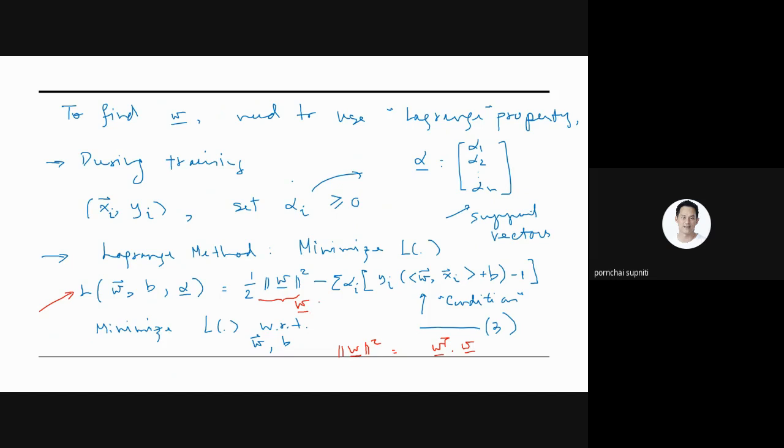And then on the right side, if you differentiate with W, what you have left is the summation of alpha y times x. And the b and minus 1 are all gone, because if you distribute this term, the b and minus 1 don't have w in them. So when you differentiate L, this is what you get.